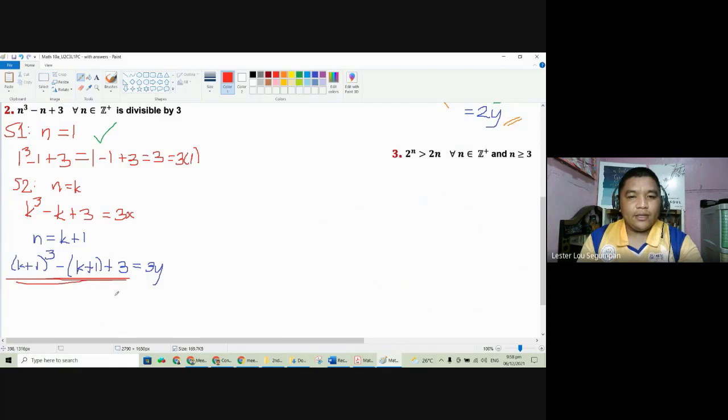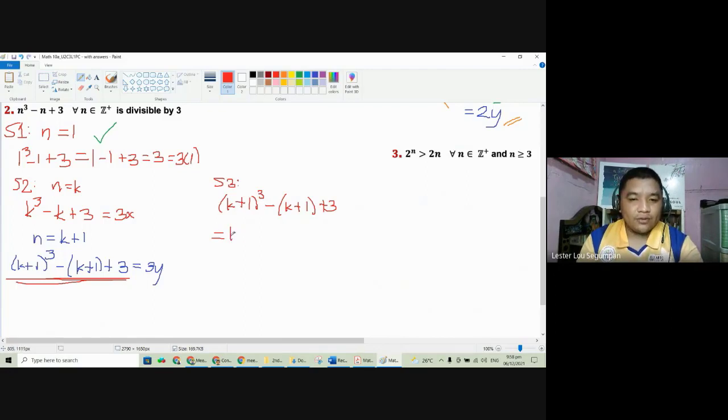And to do that, let us have step 3. Let's manipulate that. You will have the cube of k plus 1 minus k plus 1 plus 3. You already have a special product for this, but you could also use the binomial theorem for its expansion or Pascal's triangle.